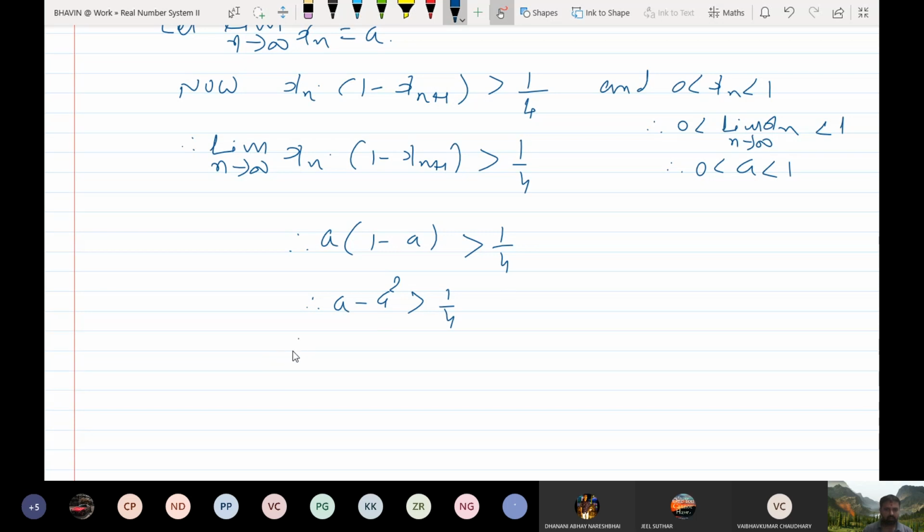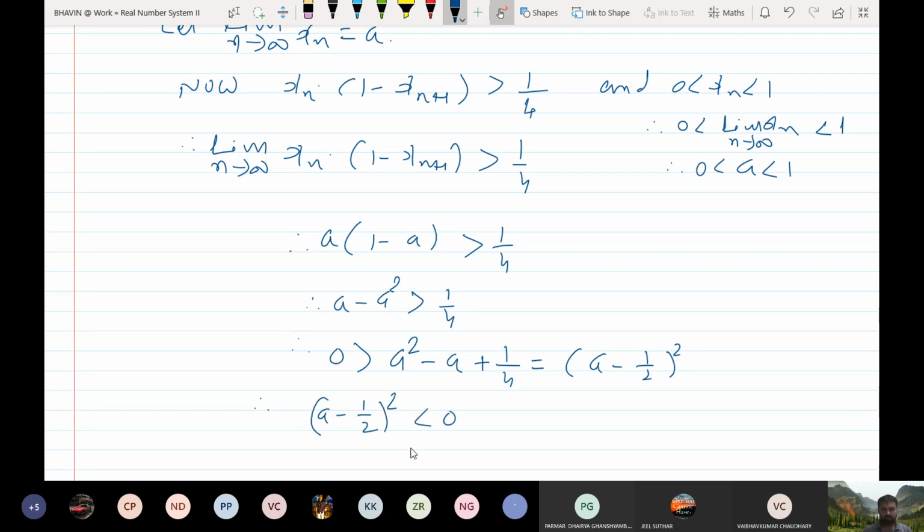Now bring this on the right side. So a square minus a plus 1 by 4 is less than 0. Do you understand? What is this? This is nothing but a minus 1 by 2 whole square, isn't it? Yes sir. So a minus 1 by 2 whole square is less than 0. Square is less than 0, what does it mean?